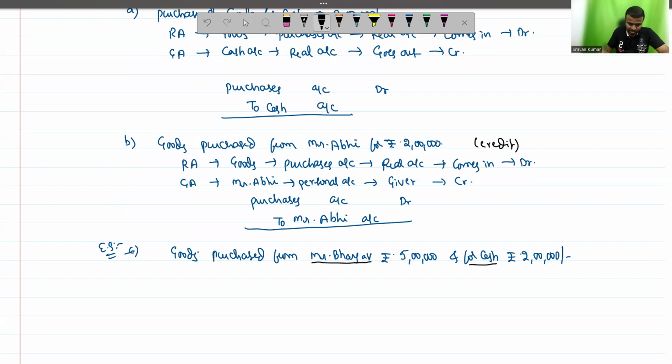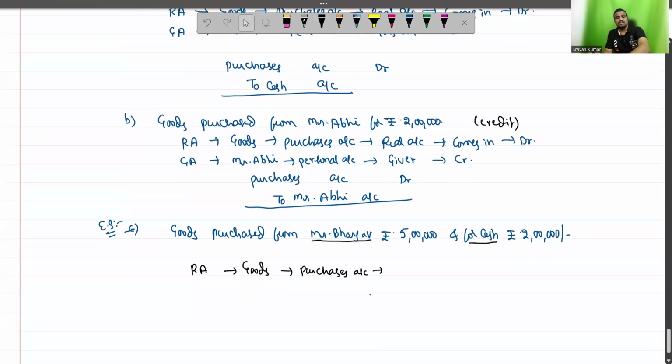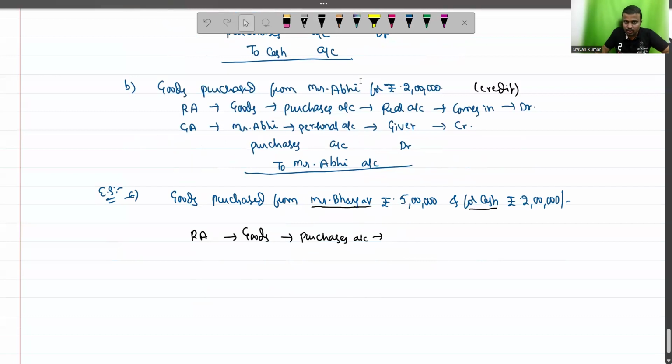So if you write the compound entry, here the receiving aspect first of all is nothing but goods, either for cash or for credit. When the goods are purchased, we have to use the word purchases account. So goods is a real account.